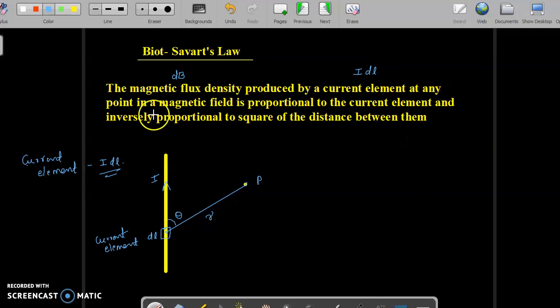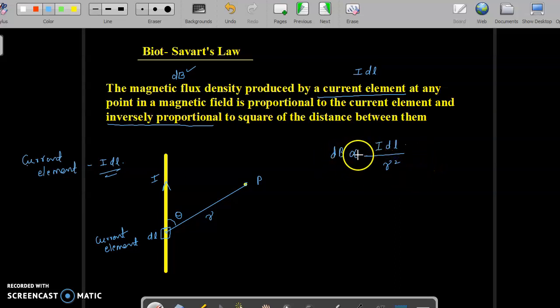The law states that the magnetic flux density at any point is proportional to the current element and inversely proportional to the square of the distance between them. Since the current element produces only a small magnetic flux density dB, it is directly proportional to the current element I dl and inversely proportional to the square of the distance r.